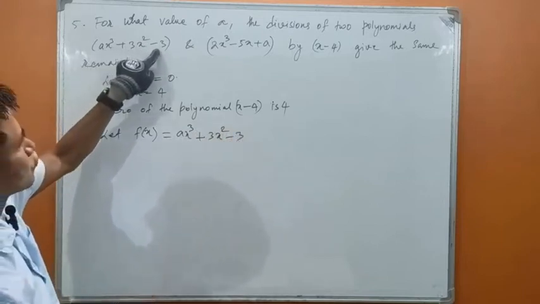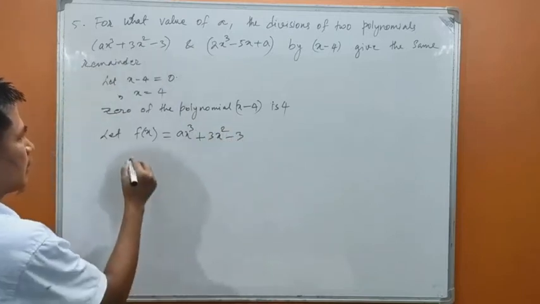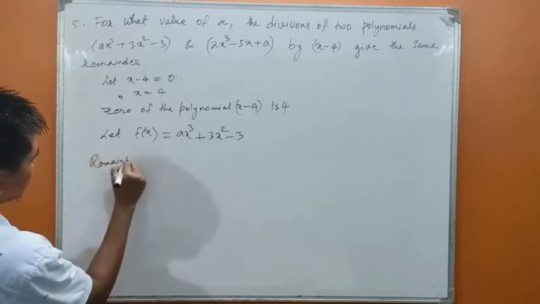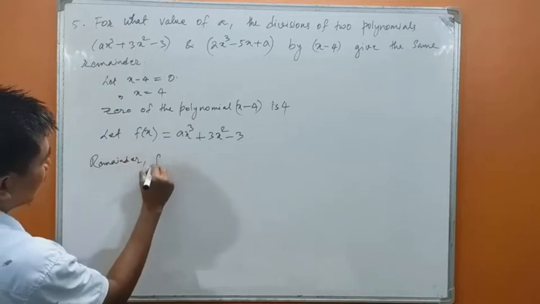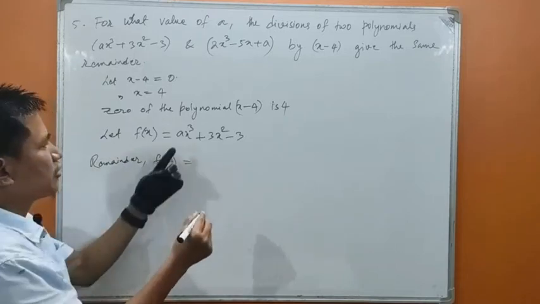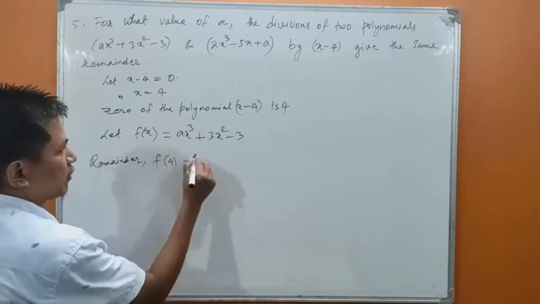Okay, now the remainder will be f(4), isn't it? So instead of x we write 4.